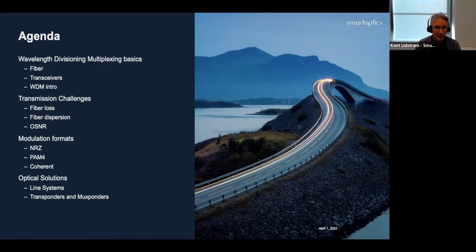And last but not least, some slides around the optical solutions: you need to take the components we go through earlier and form them into a solution to shoot data in a way that is easy to use and predictable. So that's the agenda. You can jump to the next slide.